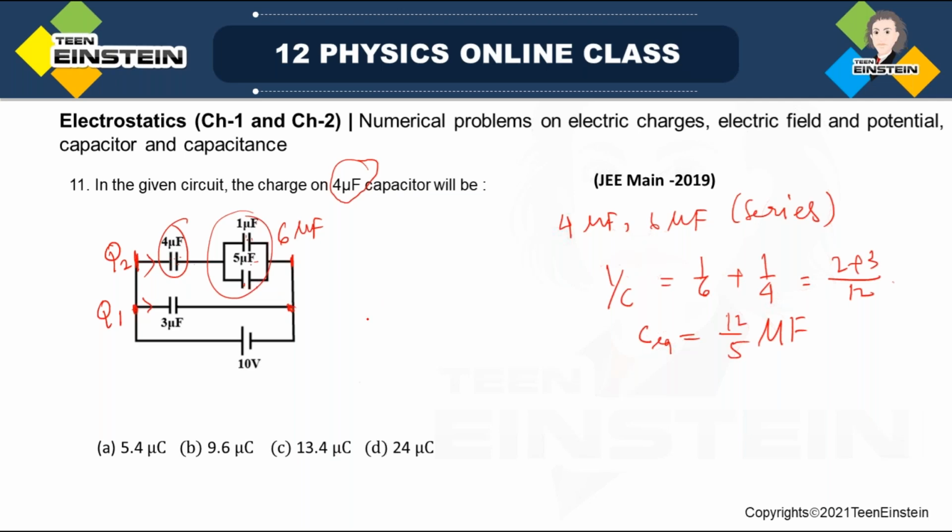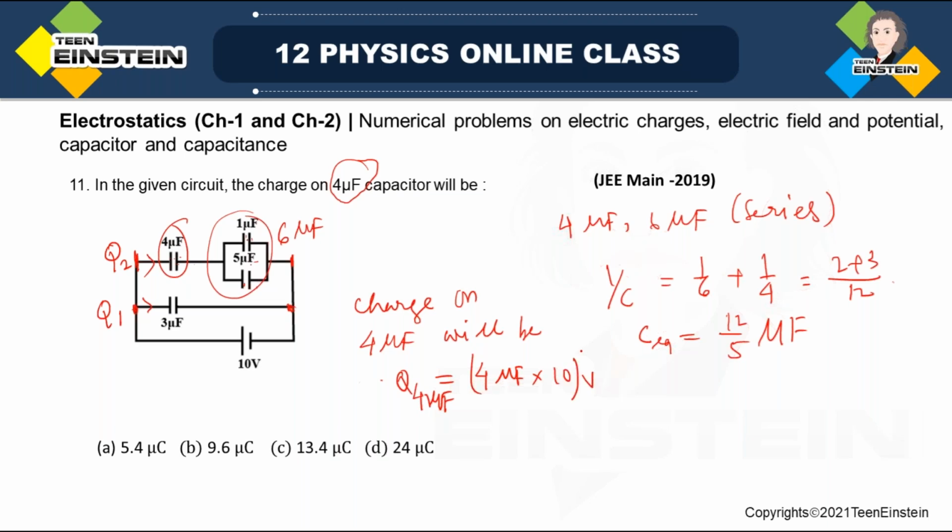Then it is very easy. So the charge on 4 microfarad will be Q4 microfarad is equal to 4 microfarad into the 10 volt.